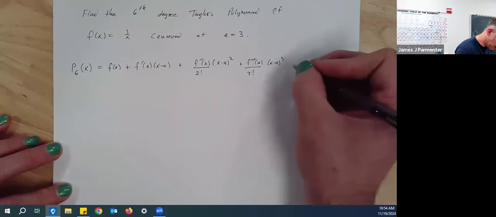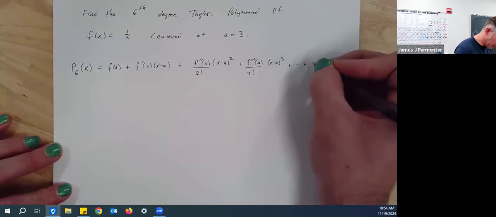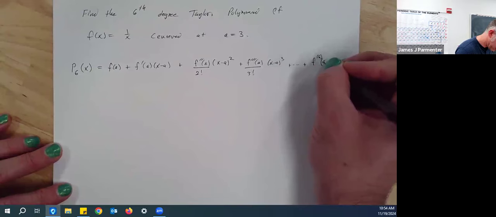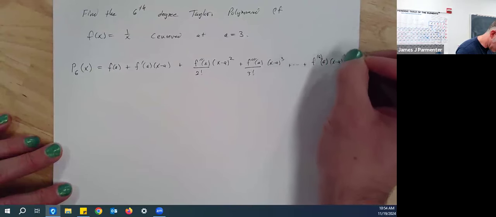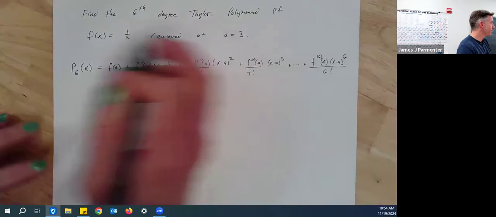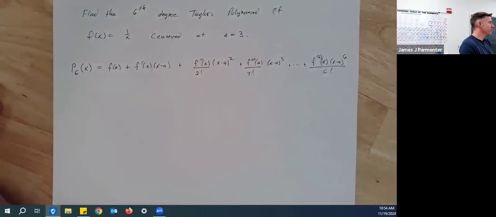And so on until you get to the very last piece, which is going to be the sixth derivative times x minus a to the sixth over 6 factorial. So then after that, your job is to find all the derivatives, plug in the point, and then write it all out, which is super annoying, but it's not terrible.